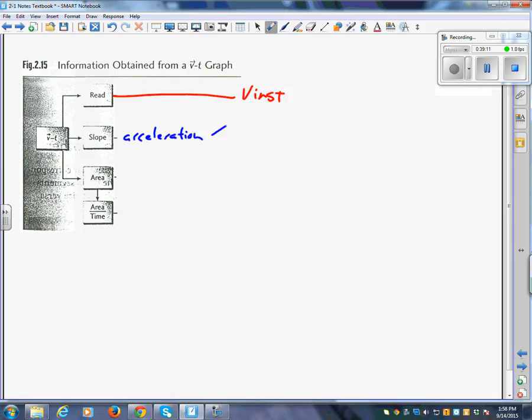And if it's 2 points that you're using, then you're finding average acceleration. If you're using only 1 point, how can you find slope at 1 point? Tangent line. So if you need a tangent line, then you're talking about A-inst, instantaneous acceleration.